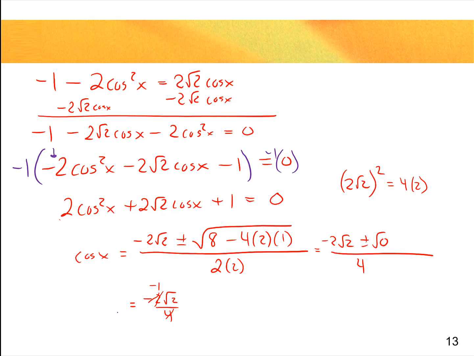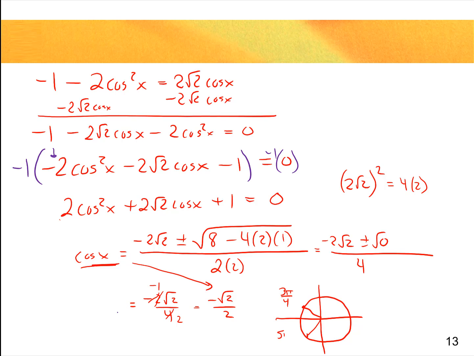That becomes a 2. Now I'm left with negative radical 2 over 2. So along my graph here, tell me in radian form, when does cosine give me a negative radical 2 over 2? That happens at 3 pi over 4, and that happens at 5 pi over 4. That's perfect.